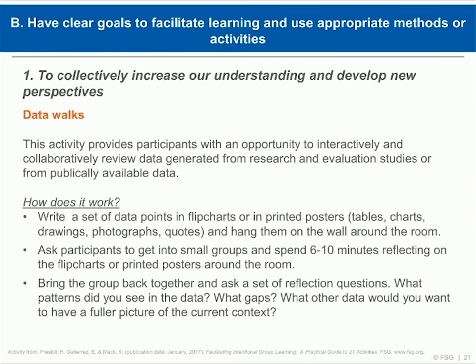So you have the data around the room, and what you do is divide the group into smaller groups and spend 6 to 10 minutes just reflecting on the flip charts and the printed posters around the room. Have the small groups have conversations about what the data might mean to them, or if you have a specific agenda or specific questions that you want to answer, you can do that too.